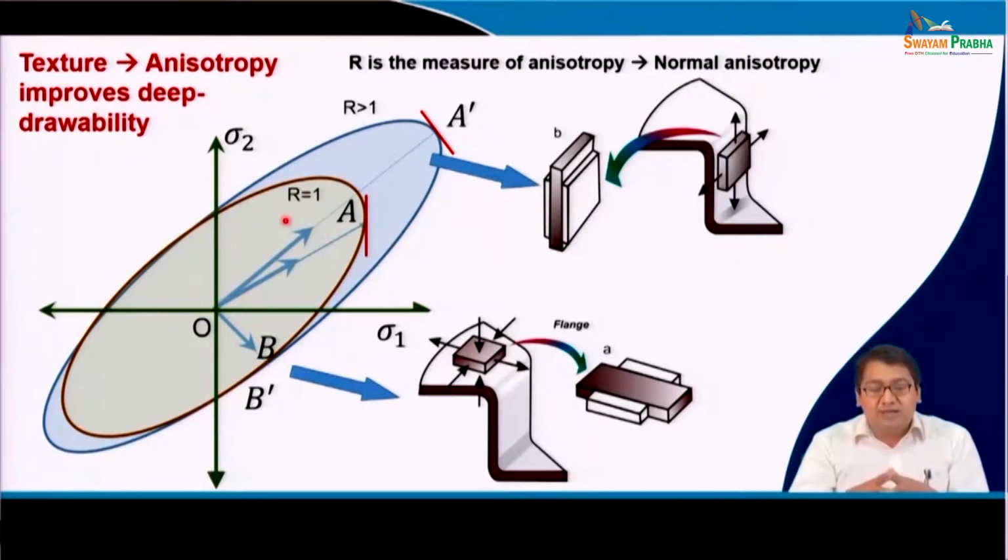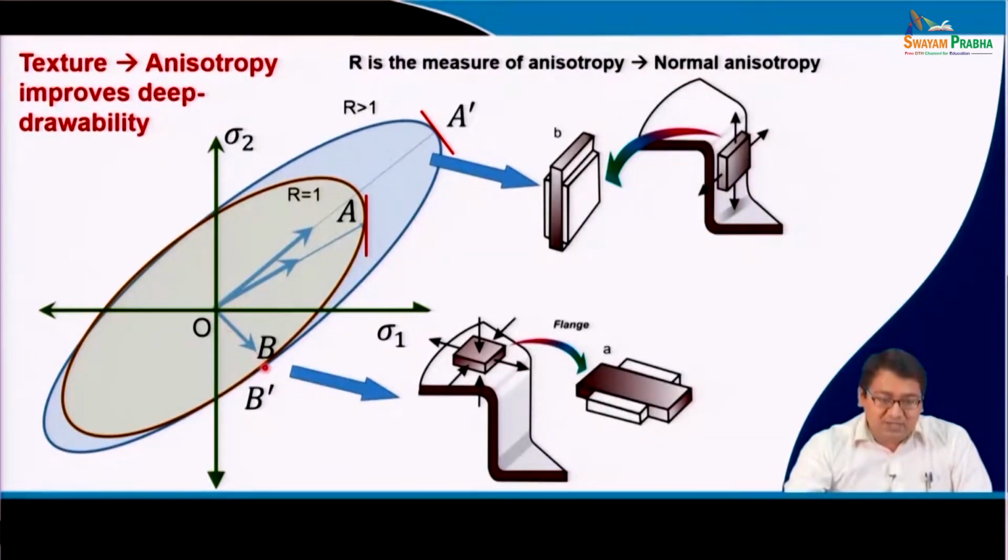And what happens if it gets more elongated? Then one can have a loading of sigma 1 and sigma 2 not up to A, but up to the point A dash, and thereby you can give a larger stress state in the cup region, and deform the material much more without the material necking and fracturing at a certain point here.